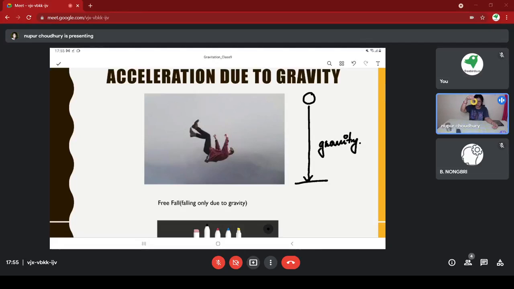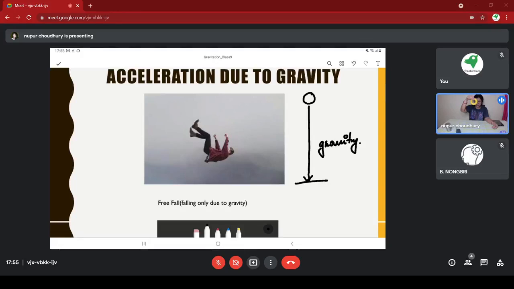So this G M by R square is actually written as the acceleration due to gravity, which is g. So the force can be represented as mg, where g is the acceleration due to gravity.